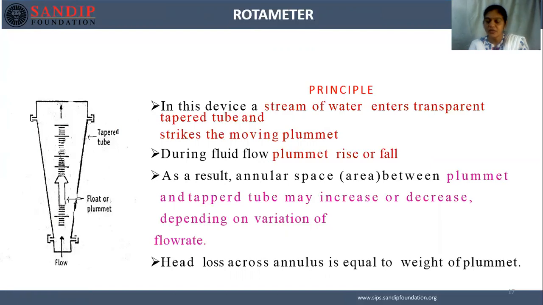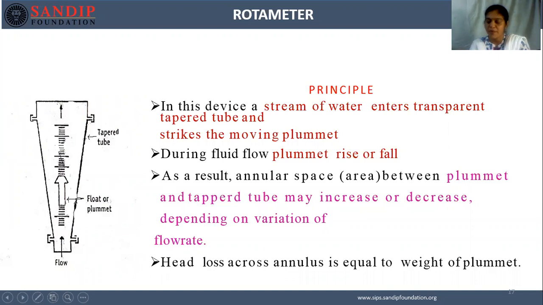During the fluid flow, the area of the annular space between the plummet and the tube varies. Therefore, the head loss across the annulus is equal to the weight of the plummet. And we have seen in this principle that the head loss across the annulus is equal to the weight of the plummet.